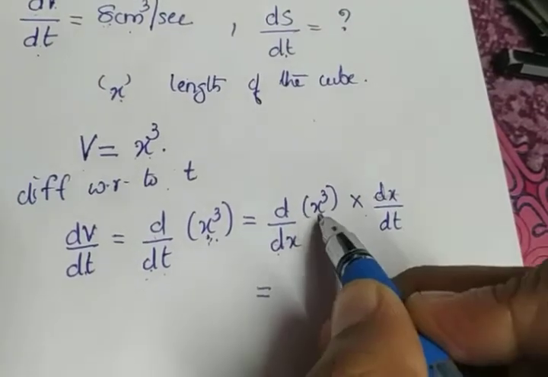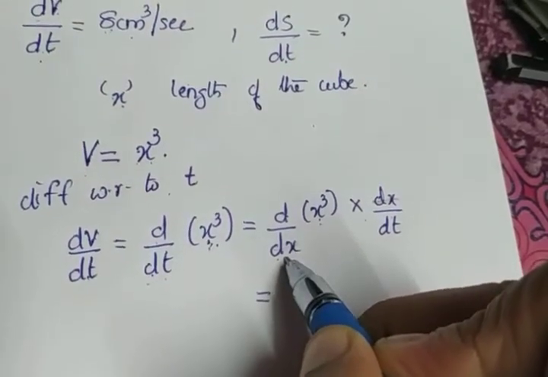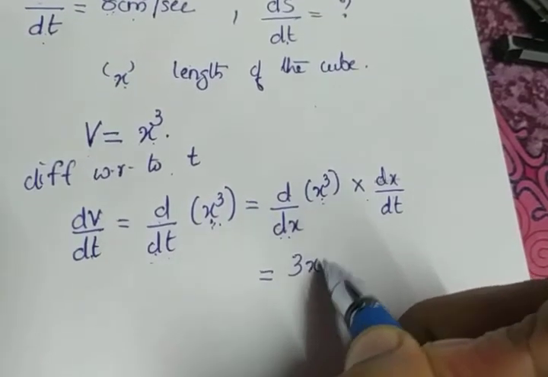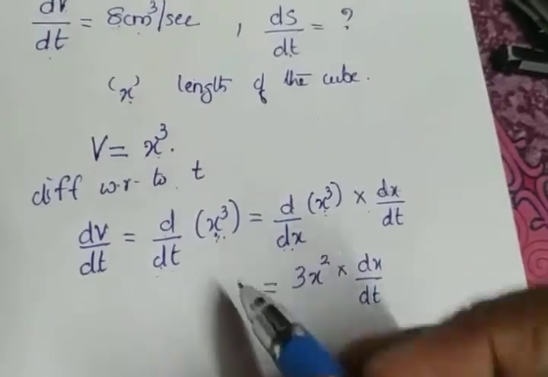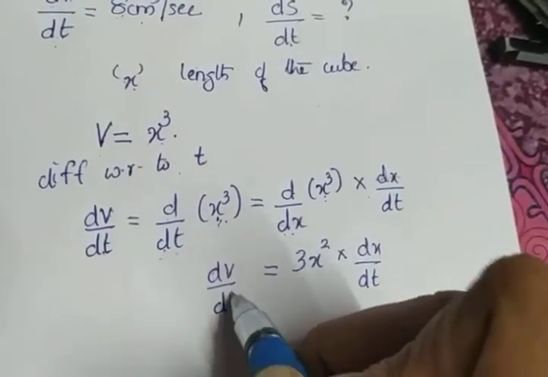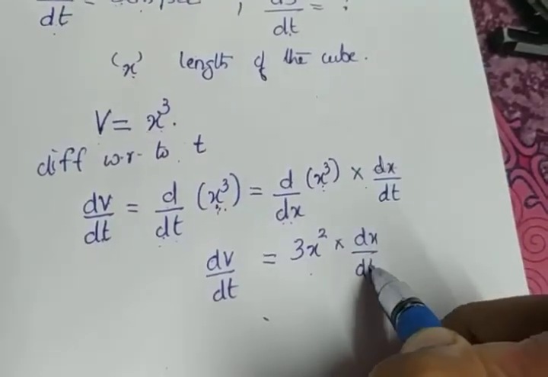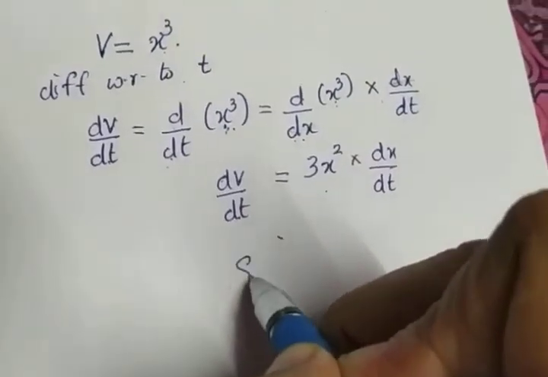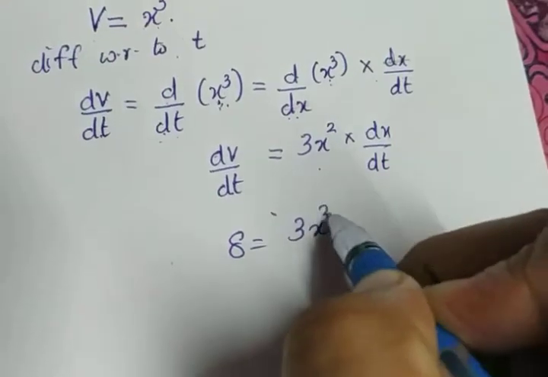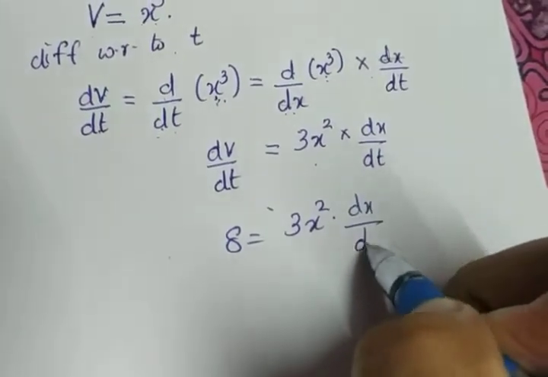And what's the derivative of x cube with respect to x? It is 3x square into dx by dt. And we are getting the equation dV by dt is equal to 3x square into dx by dt. What is dV by dt? It is given as 8. So we can substitute the value: 8 is equal to 3x square into dx by dt.